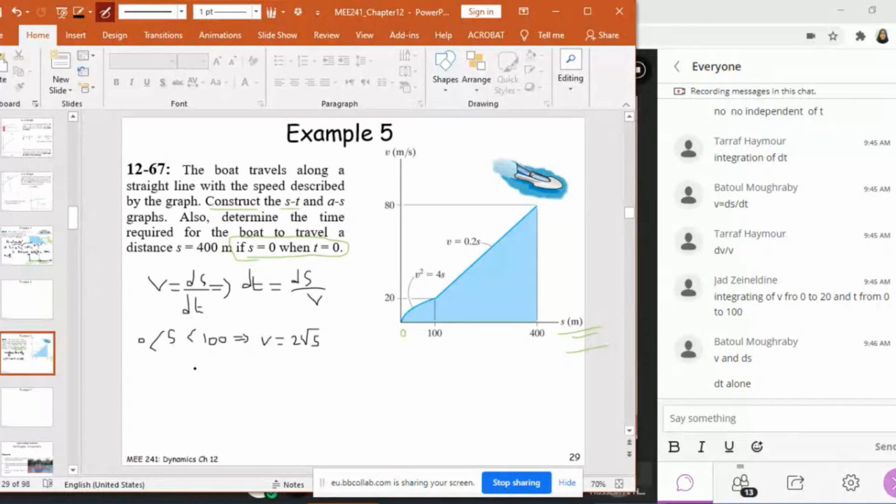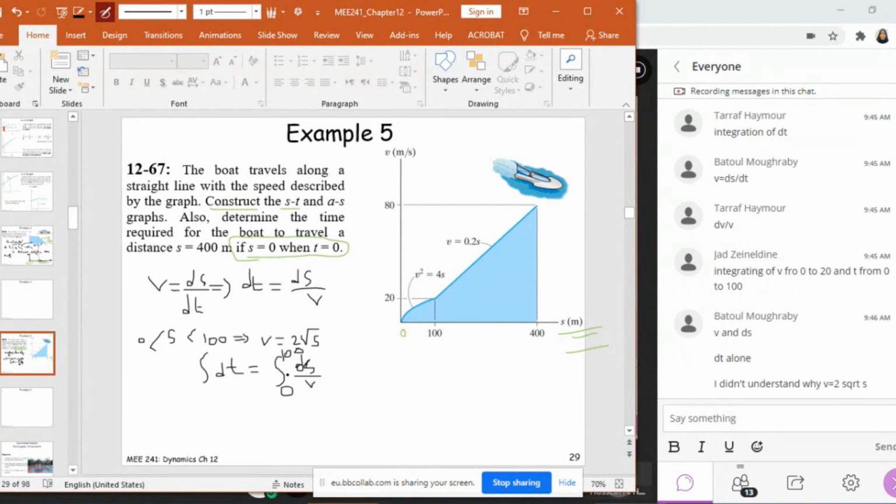So I'm gonna find t versus s, or s versus t, by doing the integration of this equation, right? So I'm gonna do the integration of dt is equal to the integration of ds over v, because I know v versus s, it is 2 radical s. And then, guys, what do you think will be the boundaries here? Since s is between 0 and 100, then this is 0 and this is 100.